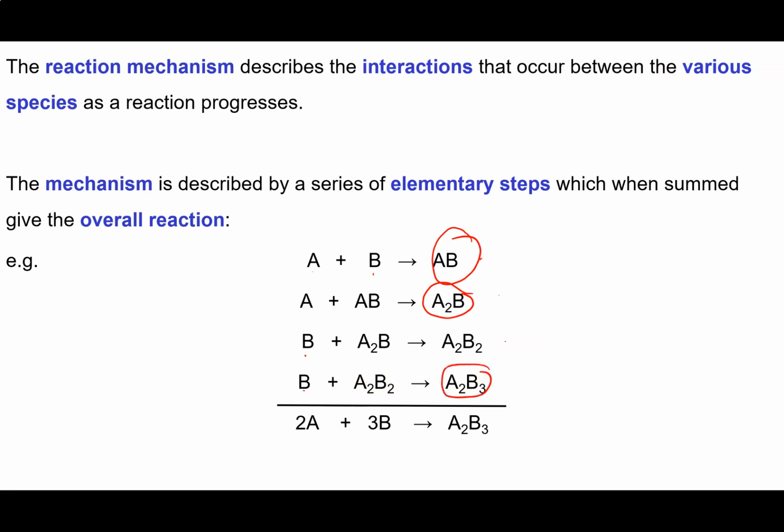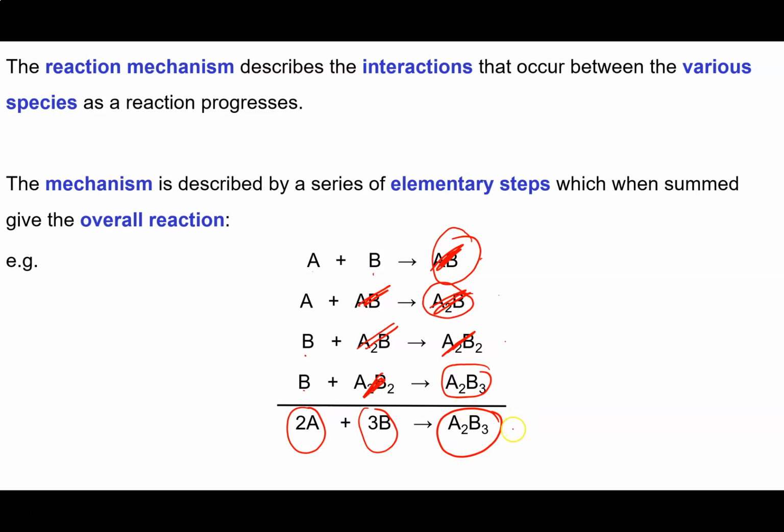And what you see is there are some things that kind of cancel out along the way. That guy cancels out with that guy. That guy cancels out with that guy. And this guy cancels out with this guy. And when we add everything together, we end up with 2 A's reacting with 3 B's to give our final product.